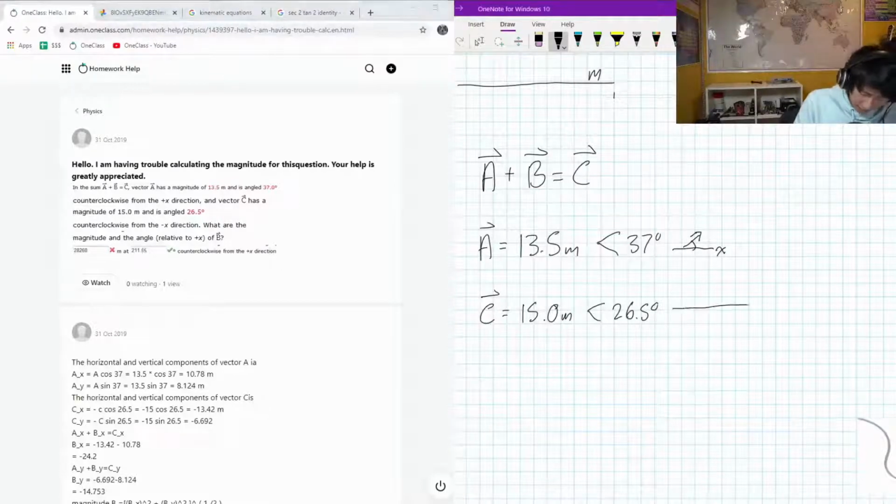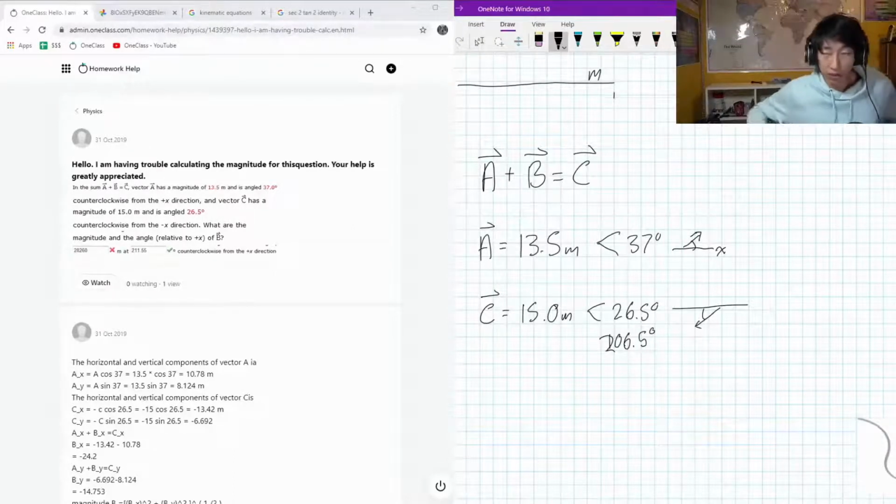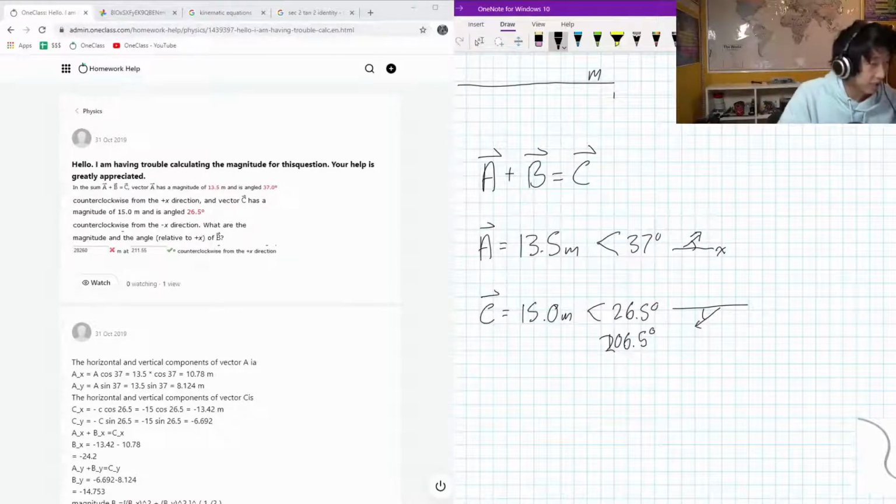Okay, so this is going this way. Another way that we can write this is 206.5 degrees, because if we just add 180 to it, that would be the same. Okay, and we have to find out what is the magnitude and angle of b.